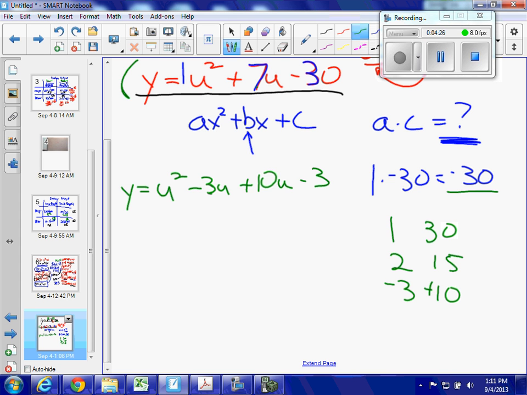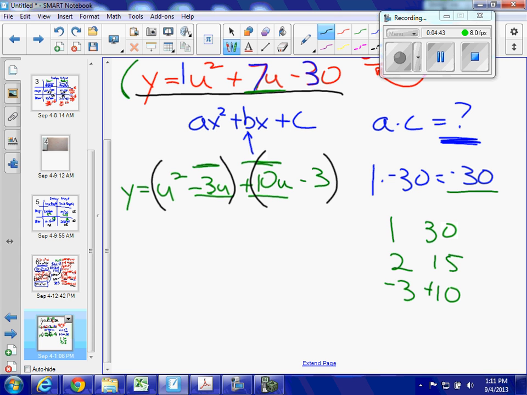All I've done is change my 7u into minus 3u and positive 10u. Now I'm going to group these like that and like that.